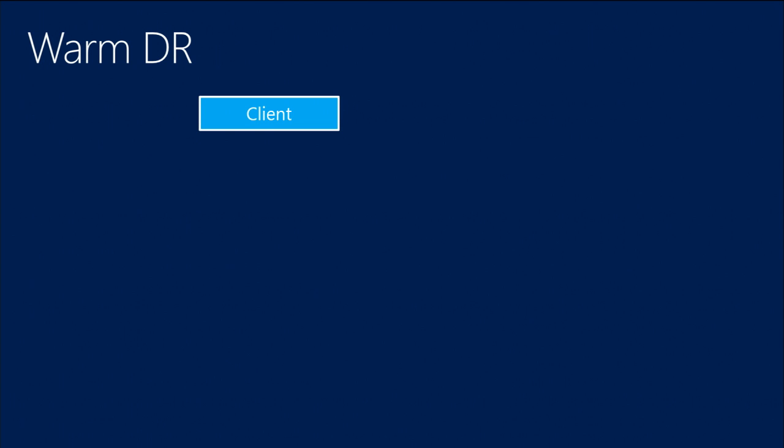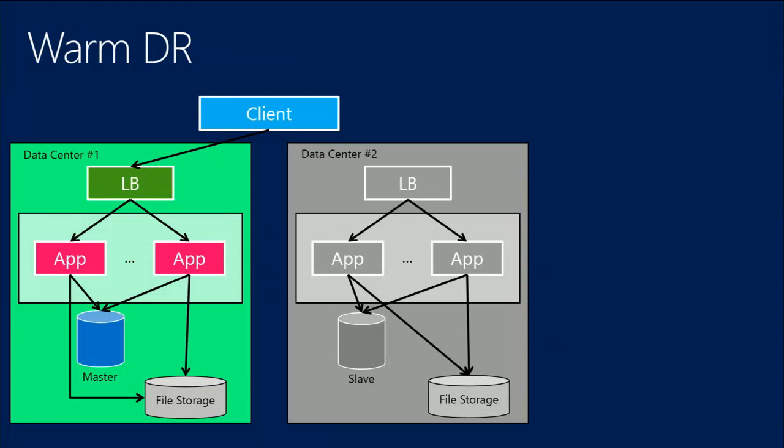Another thing is warm DR. What's the difference? While in cold DR, I didn't have anything already prepared, I didn't have a replica of my application running. In warm DR, I actually have. So basically I have two data centers, and I have replication between them. For this replication, for example, we can use SQL Data Sync.